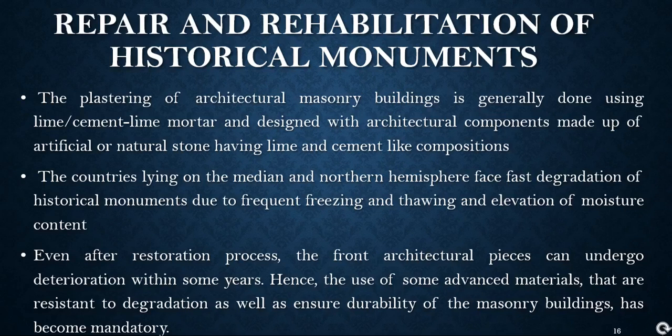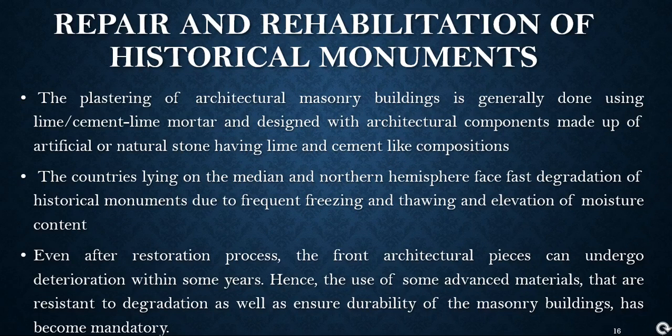The plastering of architectural masonry buildings is mainly done using cement lime mortar or simply lime mortar, and it is designed with architectural components with materials like natural stone or artificial stone having lime as well as cement content in them.